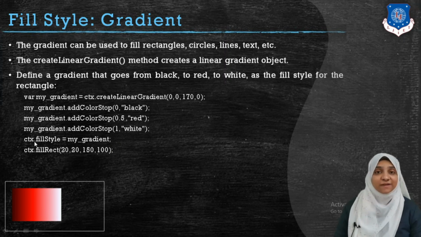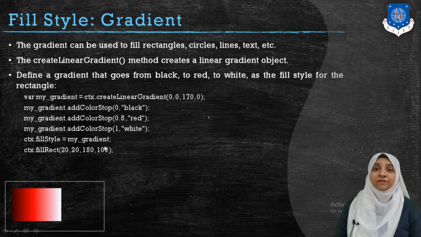Now once the fill style is set, you can draw any shape using fill, such as fillRect, or you can call the arc method followed by the fill method to draw a circle. Here we are calling ctx.fillRect, where 20, 20 is the coordinate of the top left corner of the rectangle. The width is 150 and the height is 100.